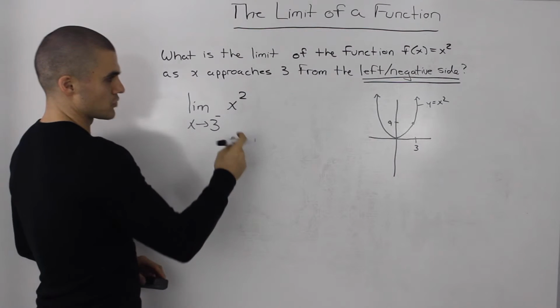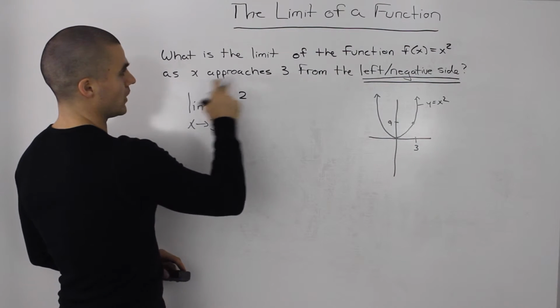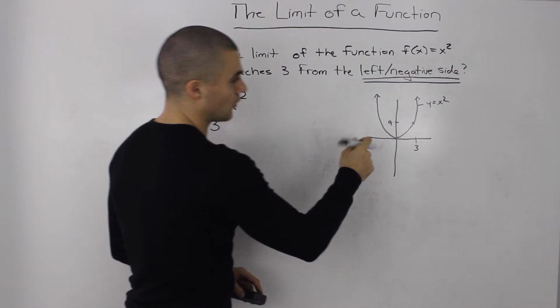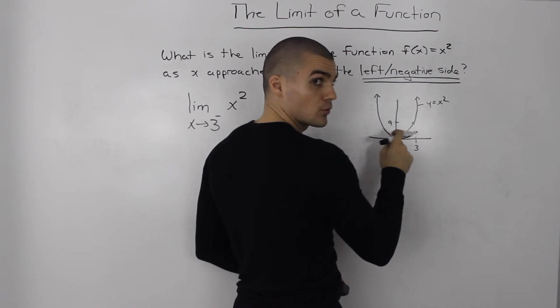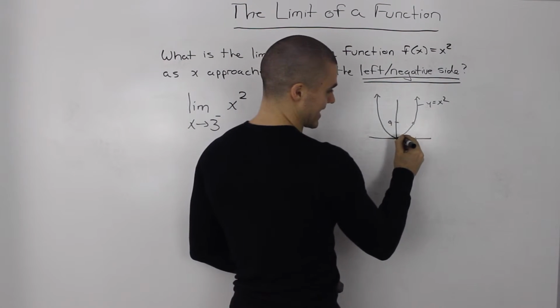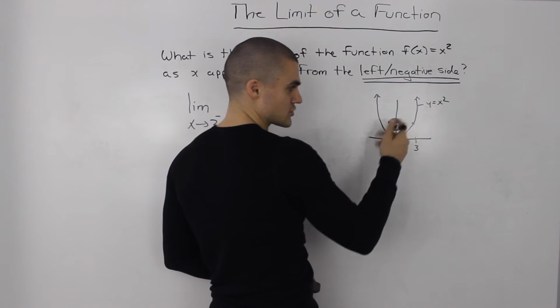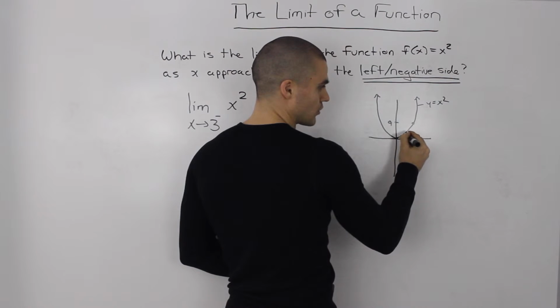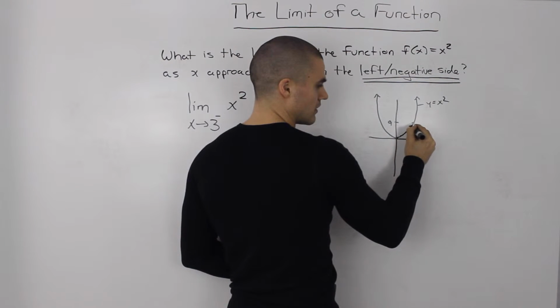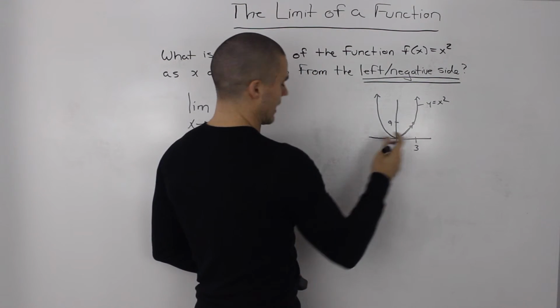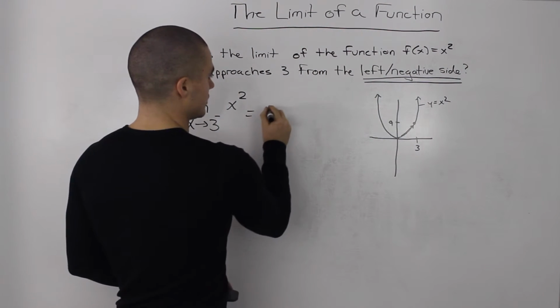So we're getting a little bit more specific here. So what is the limit of the function as x approaches 3 from the left side? What is the y value approaching as x approaches 3 from the left or negative side? So we have to go left to right. So we're approaching this point from the left side, so right here. Okay? And the answer is it's still approaching 9.